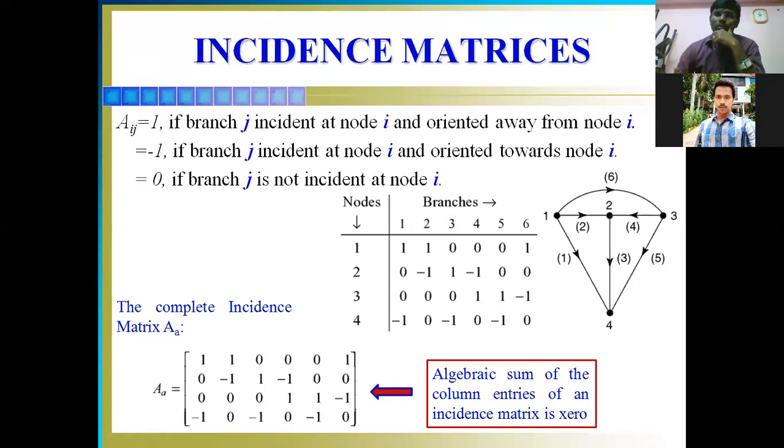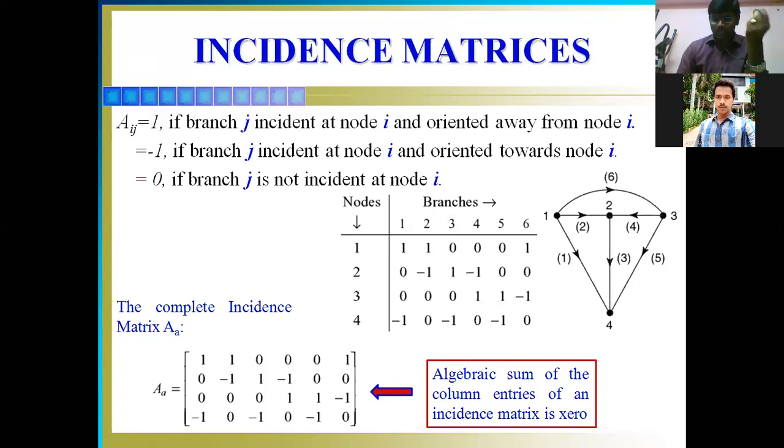n is the number of nodes, b is the number of branches. Number of branches are elements. In some textbooks, branch means branch of a tree. Don't confuse. In some textbooks, people use twigs or branches.